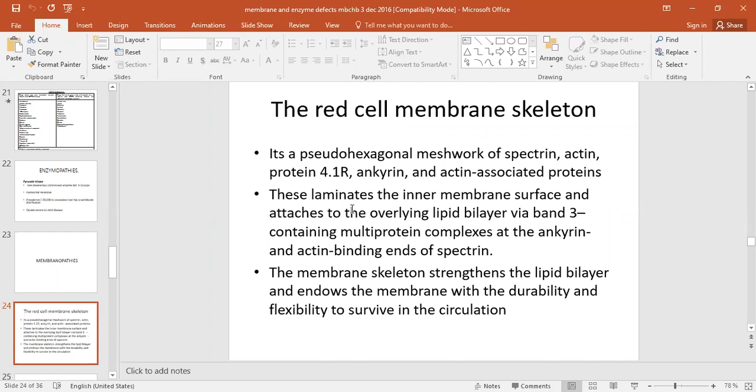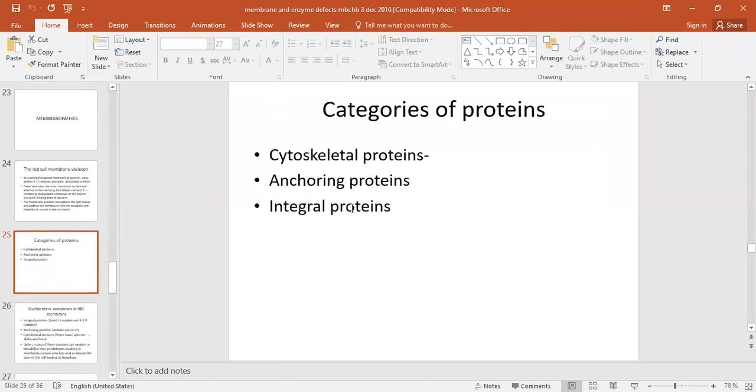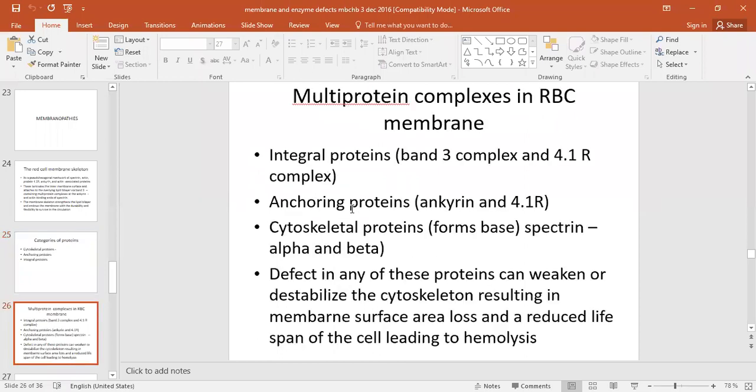And so the red cell membrane skeleton is very important, especially when you look at these various proteins. When it comes to categorization of these proteins, we have cytoskeletal proteins, anchoring proteins, and integral proteins. I think we've already mentioned them here. Okay, so a defect in any of these proteins can weaken and or destabilize the cytoskeletal structure of the membrane.